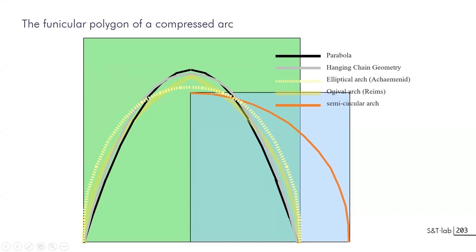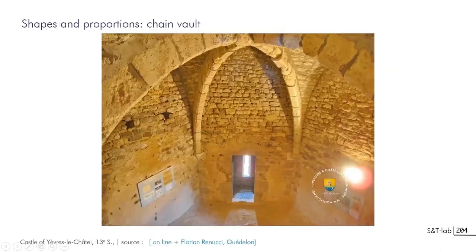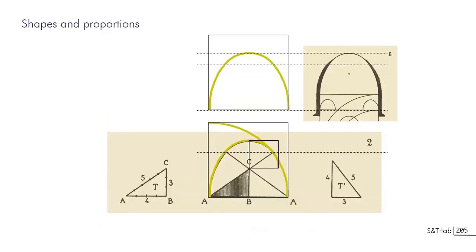So let's move on. Here you have an example in which you have a parabolic line for the arches, but it's quite unique. It is from the 13th century. And what's meaningful is that when you are building an approximation using an elliptical curve, you have a very simple procedure that is based on the Pythagorean triangle here that can be built with very simple measures.